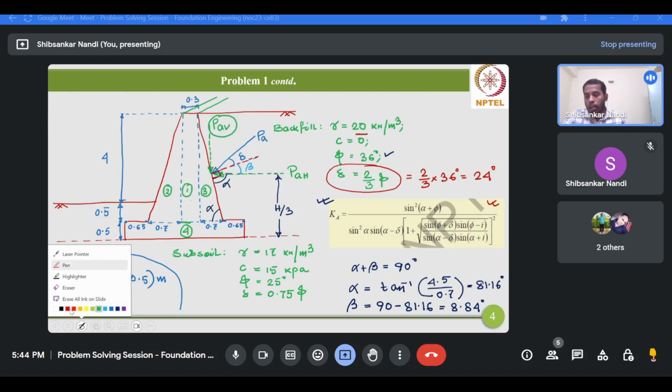To calculate the lever arm, it's quite tricky. You have to draw a line in this fashion. Now you have to calculate from the toe, the lever arm above the toe.